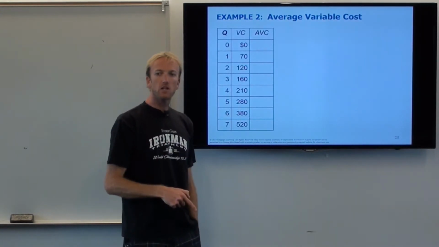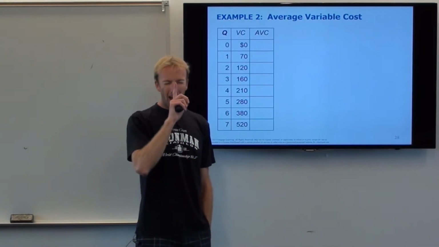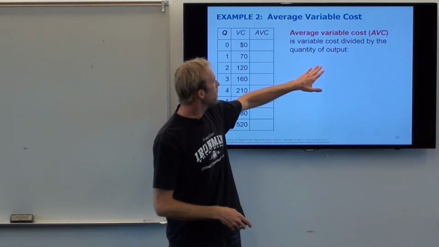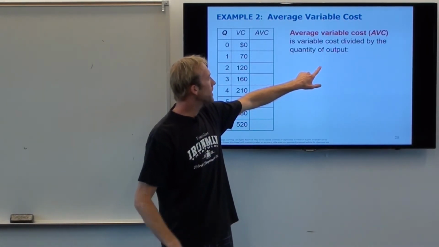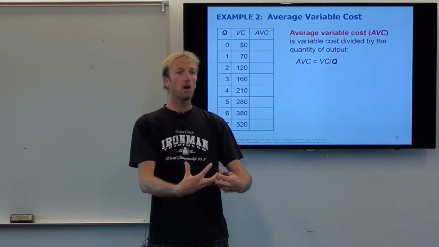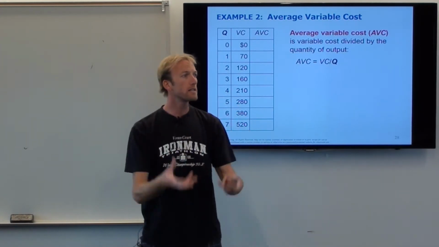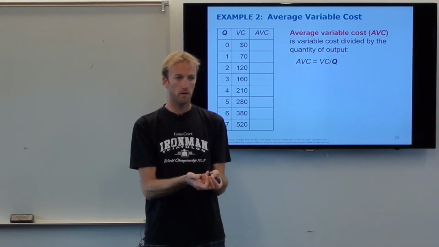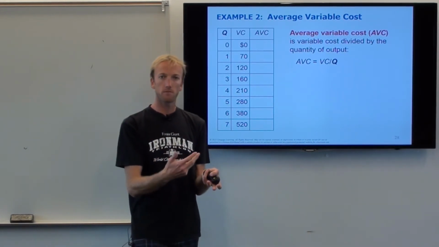Okay, but the next cost that we have to think about is the average variable cost. So this is the total amount of variable costs, right? So it's like the total amount of money I spend on tortillas and carne asada and labor, right? The whole variable cost. I shouldn't say total because total is another thing.